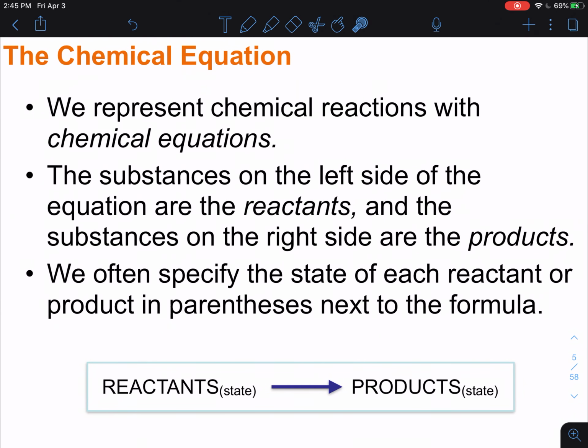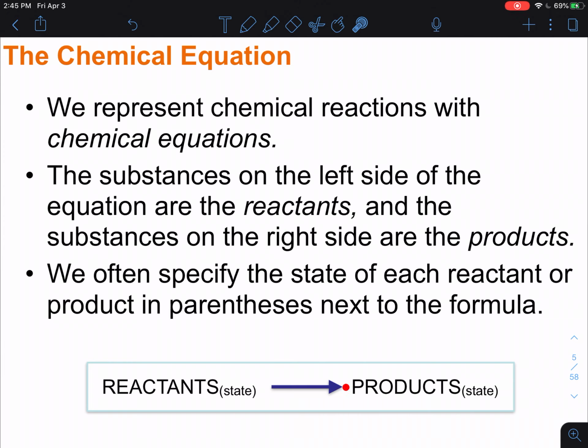So it's important for you to understand chemical reactions really fast and how we write and represent them. On the left-hand side, we have the reactants. After every single reactant, a lot of times you'll see something in parentheses in a subscript, and that is the state of the reactant, and we'll talk about that in a second.